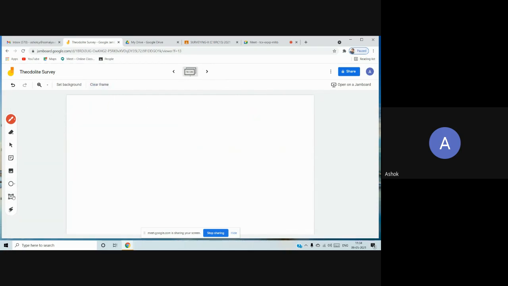Now, coordinates are represented in two ways. The one is consecutive coordinate.